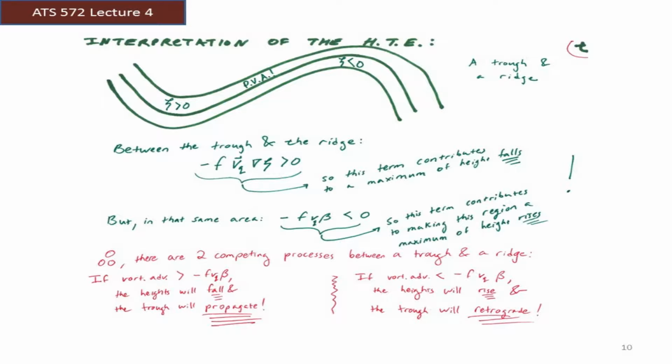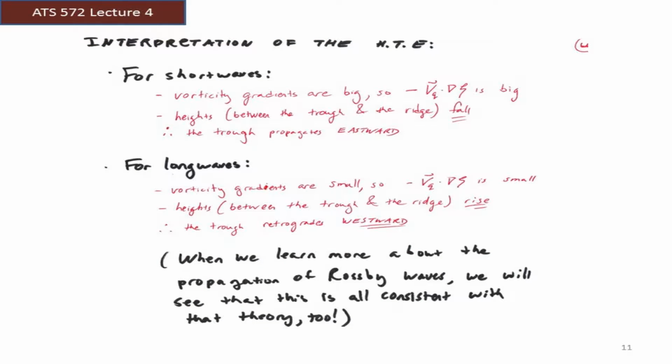And you can see that this all turns out to be very consistent with what we learned about Rossby waves in another module of the course, where short waves are going to have big gradients of vorticity, so they're going to have big values for their vorticity advection, which is going to make for large height falls and rapid propagation of the trough. Whereas for long waves, the vorticity gradients are small and the heights are going to rise.